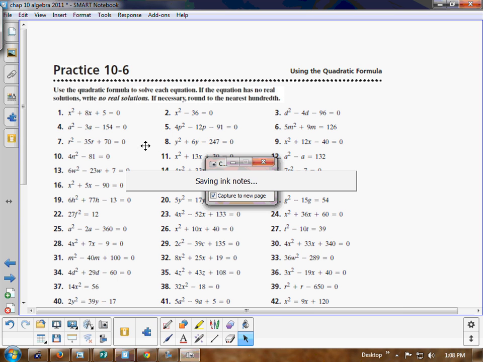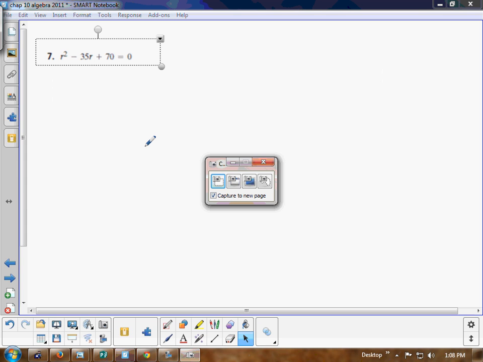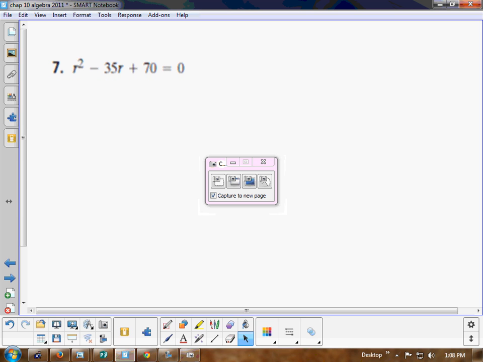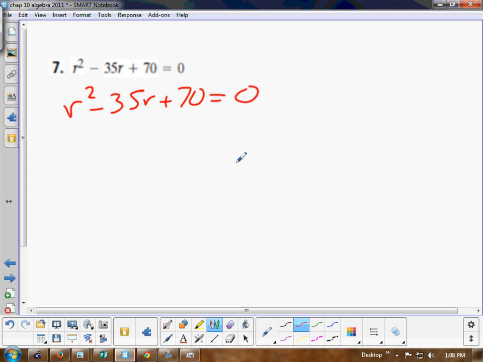Okay, so everybody should be writing the question down, writing A, B, and C, and writing 2A. So, it's in standard form. This is very quick if you are focused. A is, no, it's not r.